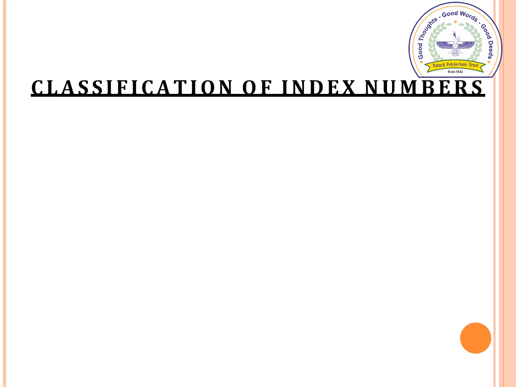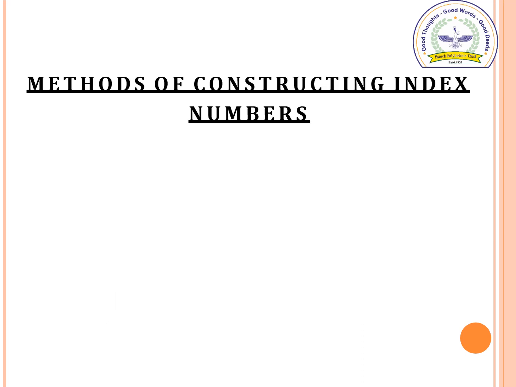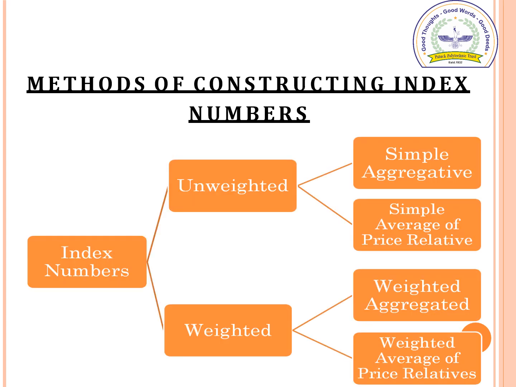Classification of index number. Index numbers are classified into four major parts: price index number, quantity index number, value index number, and composite index number. Methods of constructing index number. Here we can calculate index number using two methods: unweighted index number and weighted index number.